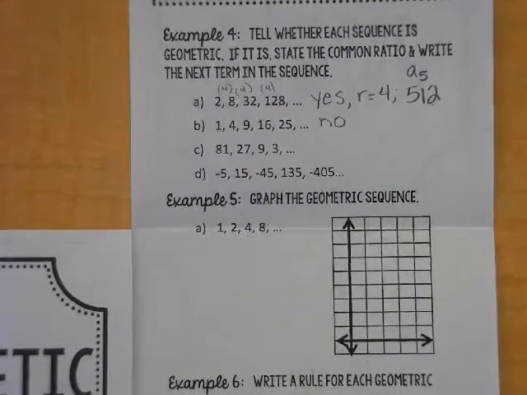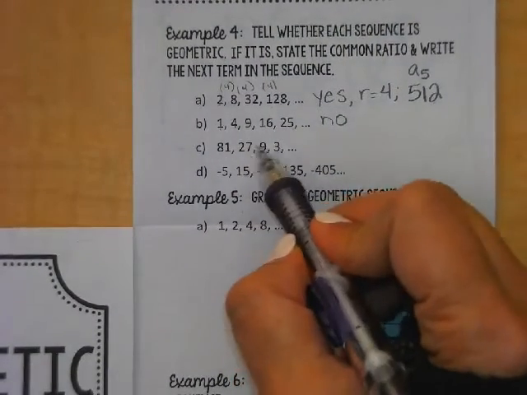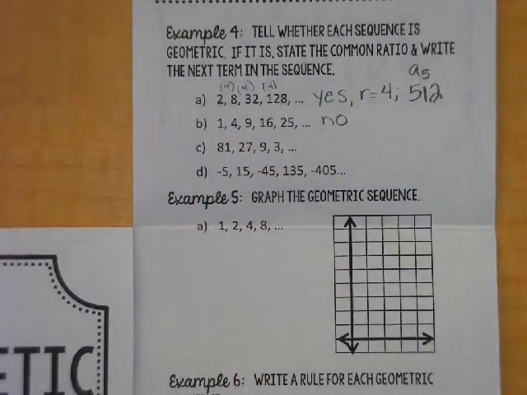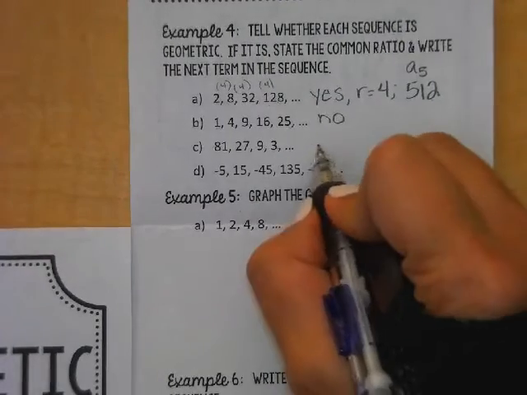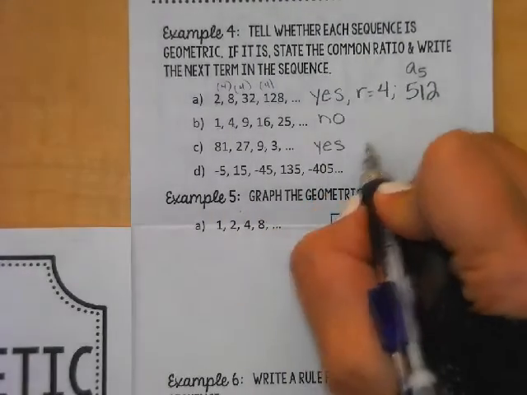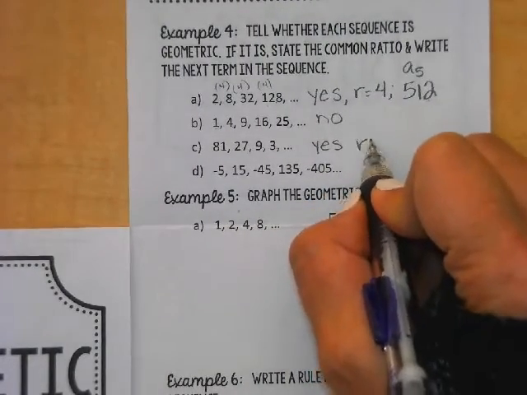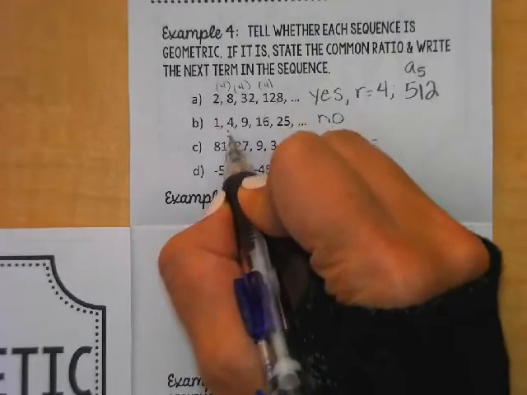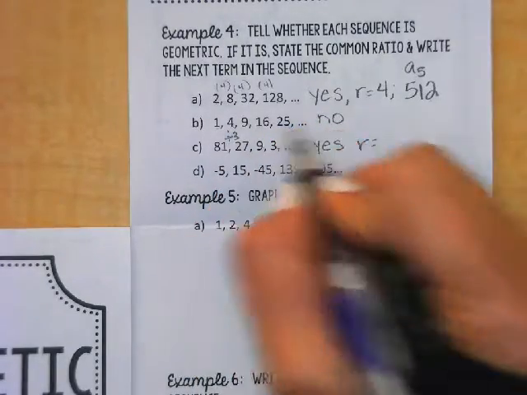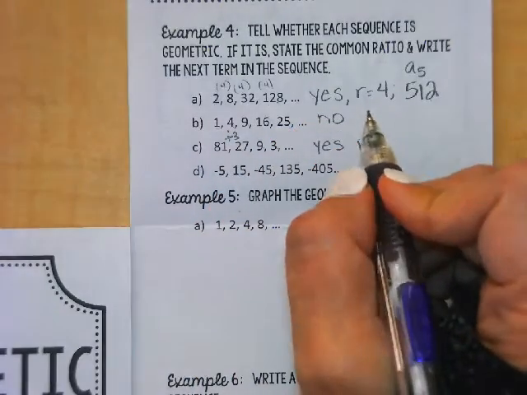What about C? 81 to 27 to 9 to 3. It is geometric. Okay, we are dividing, but we can't write a divide. So if I'm dividing by 3, what is another way to write it?